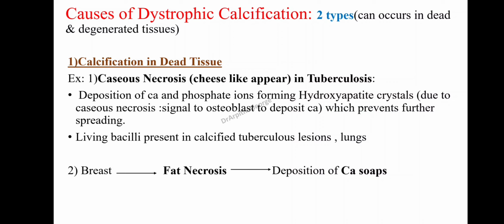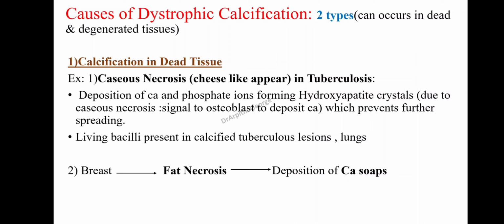Then again, calcium deposition will come in our breast, not just in TB, again in dead tissue in our breast. In the breast it's not caseous necrosis; fat necrosis will happen. Fat necrosis is another type of necrosis. Out of the 5 types of necrosis, fat necrosis is one, and you can see it in the breast.